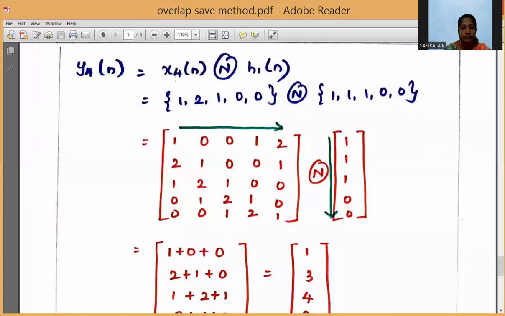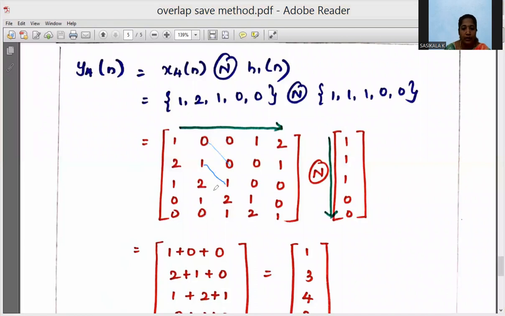The next, 0, 0, 1, 2, 1. Again 1 goes here. 0, 0, 1, 2. So this 2 goes here. 1, 0, 0, 1. So we have got a 5 by 5 matrix.